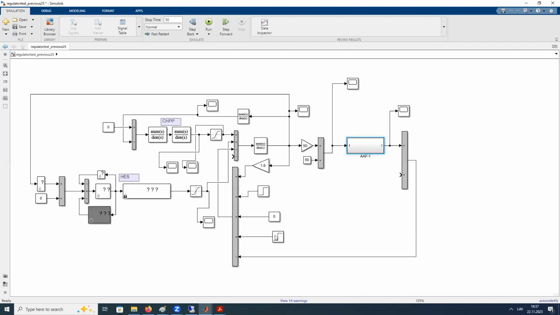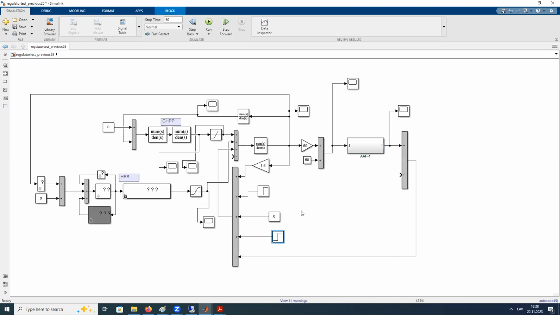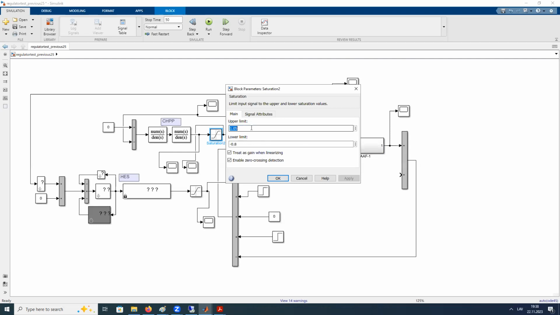Here we got the deficit at a time of 10 seconds. Here we got a deficit of 25%. But as I said, let's make the total deficit for these two serious faults not more than 40%. Let's limit it. And here you could use, for example, play with this limit saturation.